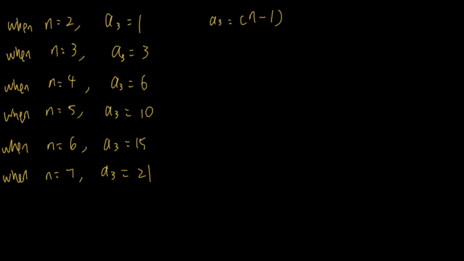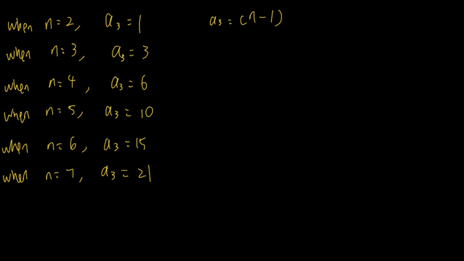How about the third term, n equals 4? a3 is equal to 6, but 4 minus 1 is 3, not 6. That means that is not the formula. So there must be something more to this n minus 1.